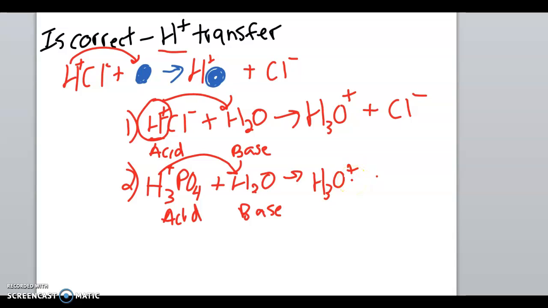So what will H3PO4 look like without an H+? If you lost 1 H off of this molecule, then you're going to be H2PO4. And don't forget, you also lost 1+. Before it was neutral.